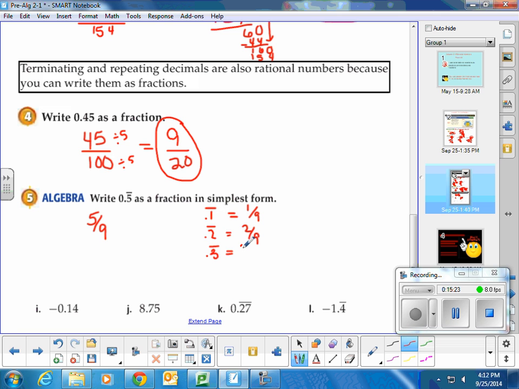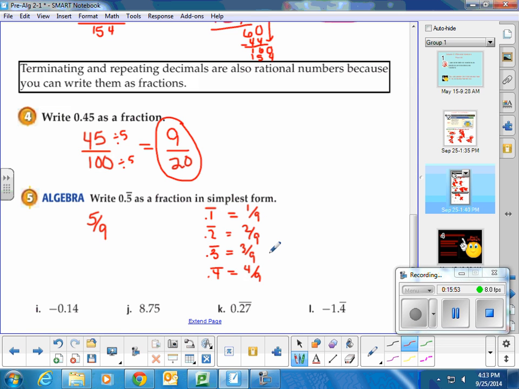Well, 1/3 is the same thing as 3/9. 0.4 repeating is 4/9. 0.5 repeating is 5/9, and so on. Basically, if you have one number after the decimal point that's being repeated, you write that number over 9.